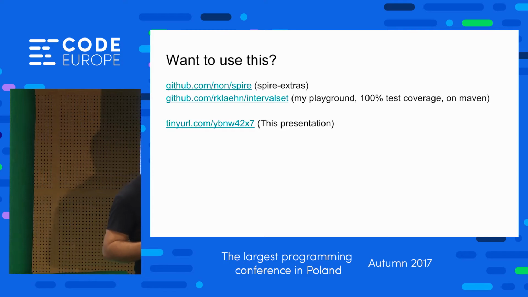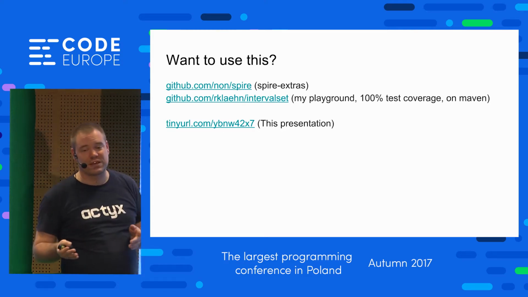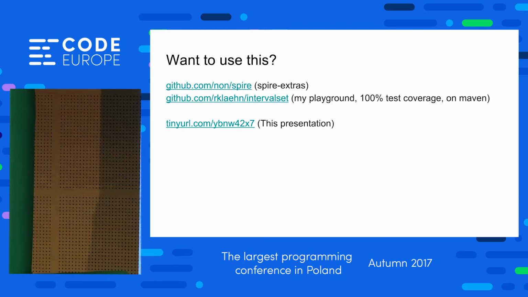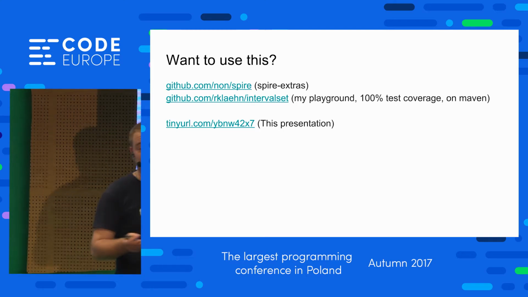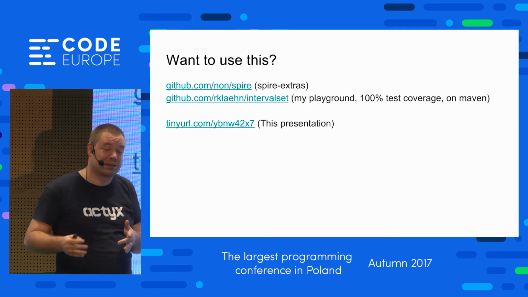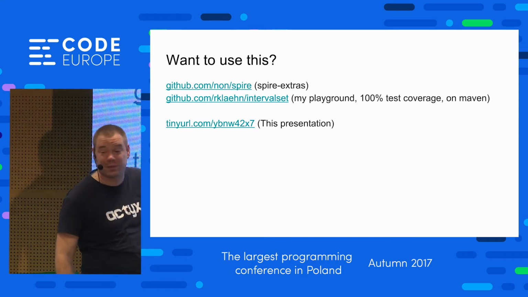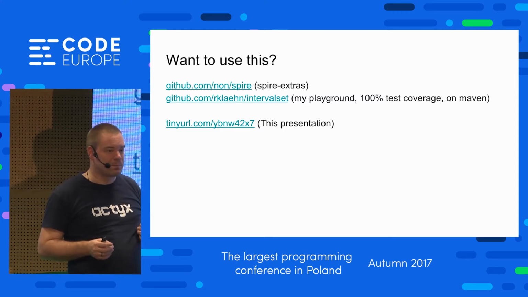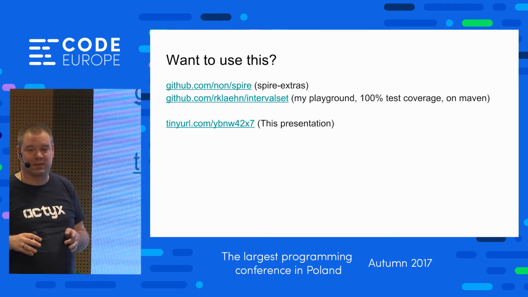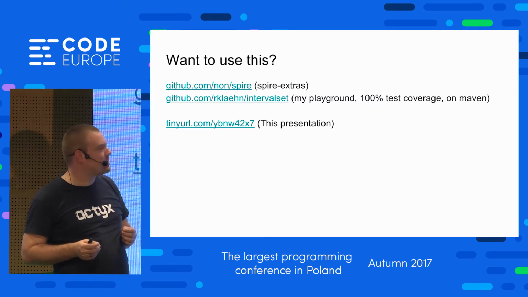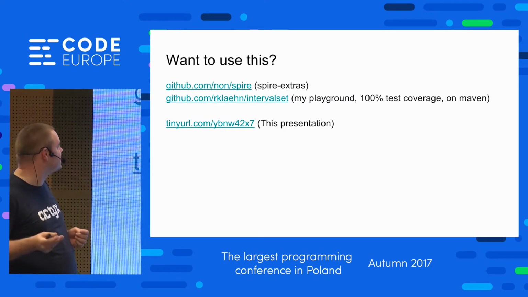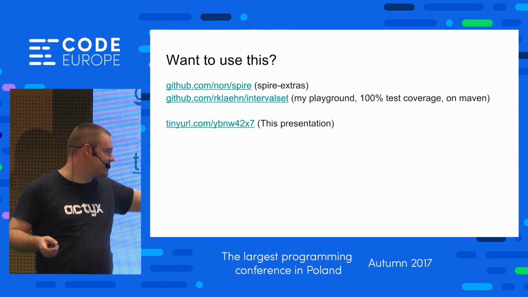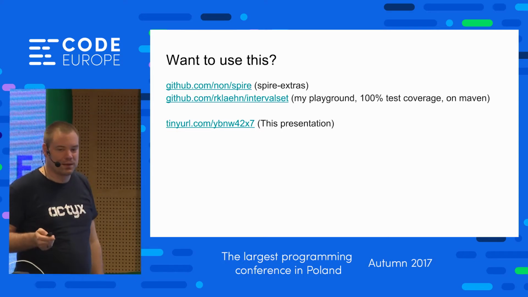And I also have a little repository where I play with this. But if you want to use it in production, then you would just use this library, which is very popular for the few people that do this kind of stuff. It's a Typelevel project, from the same people that do the Cats library. And this is the presentation, if you want to take a look at it.